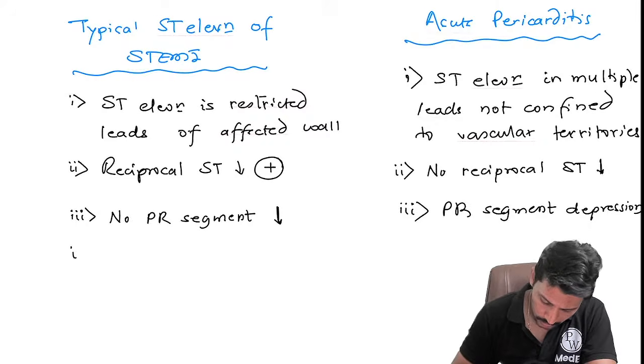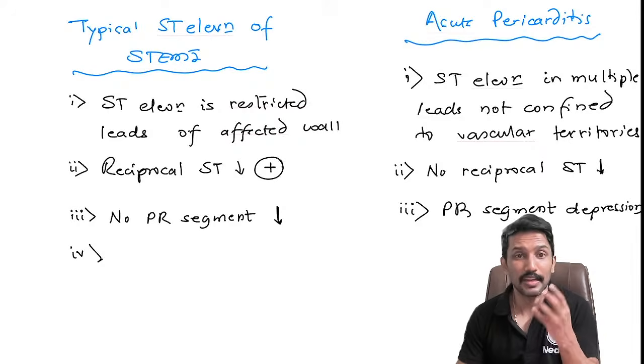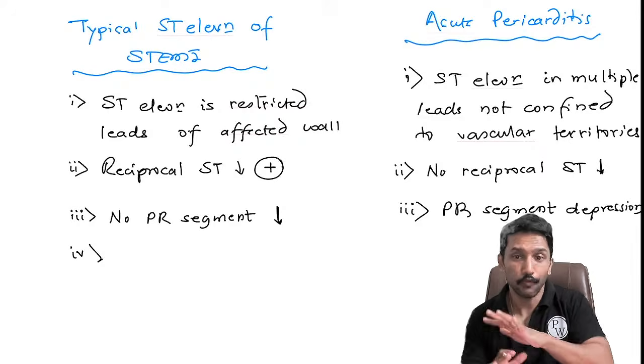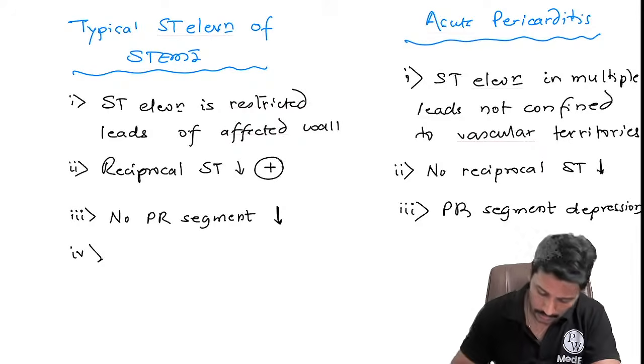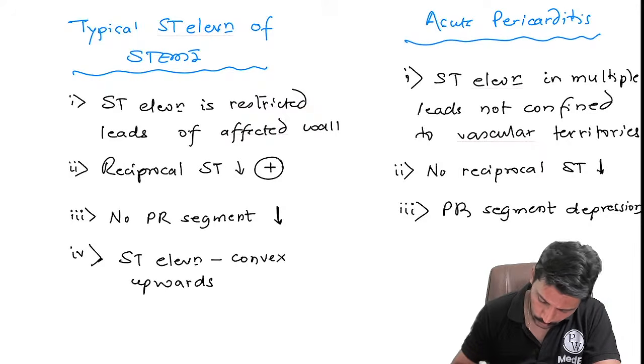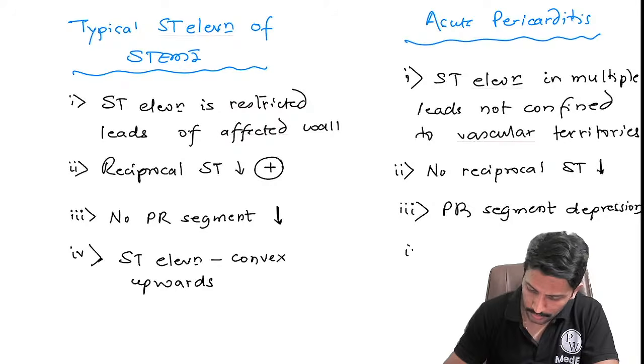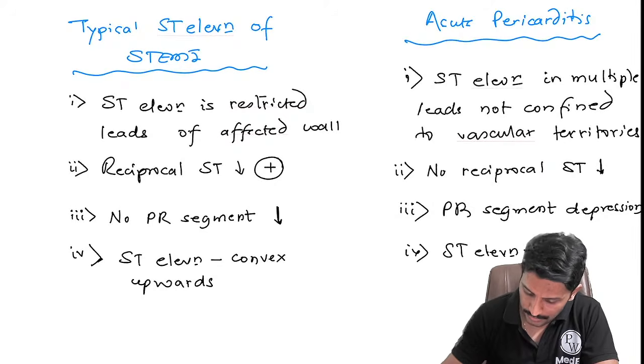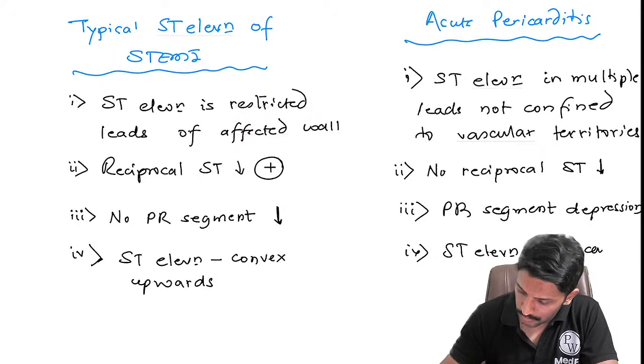Fourth, the ST elevation that we get in typical STEMI, often, I'm saying often, not always, may be convex upwards, while in acute pericarditis the ST elevation is generally concave upwards.